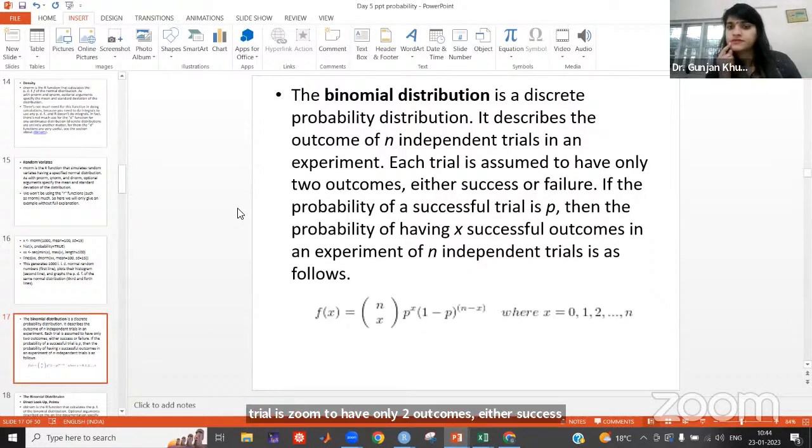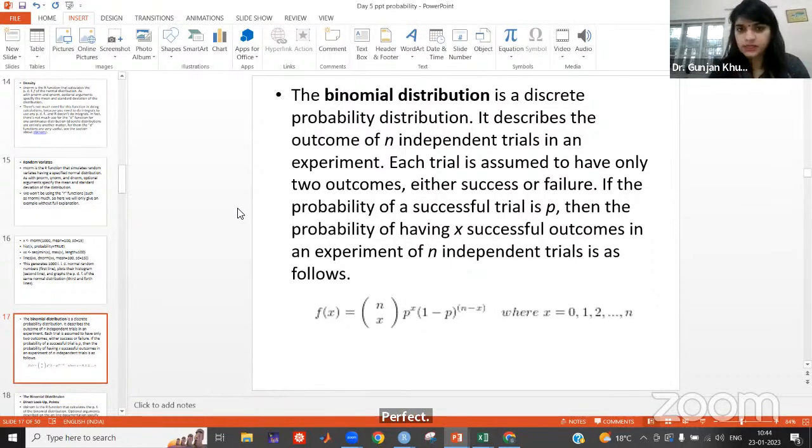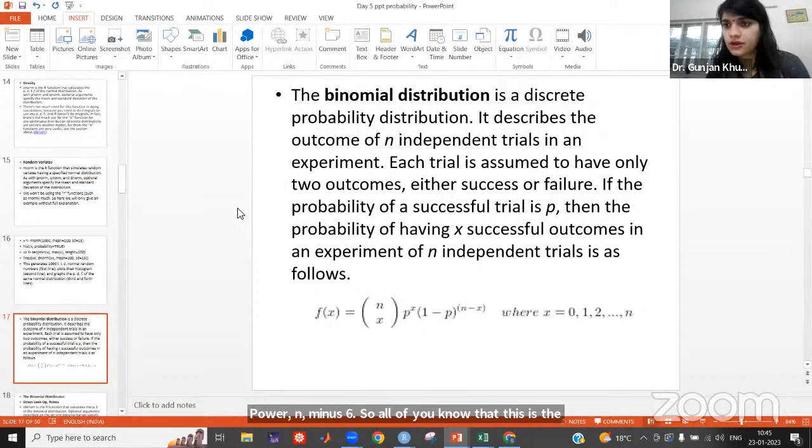If the probability of a successful trial is p, then the probability of having x successful outcomes in an experiment of n independent trials is given by this function, nCx, p power x, (1 minus p), or you use q, power n minus x. So all of you know that this is the probability mass function or discrete density function of the binomial distribution, right?